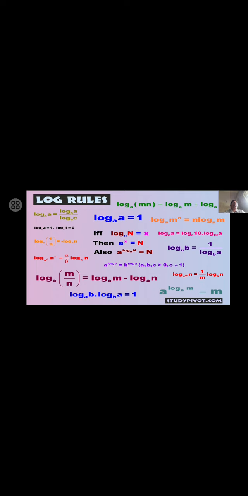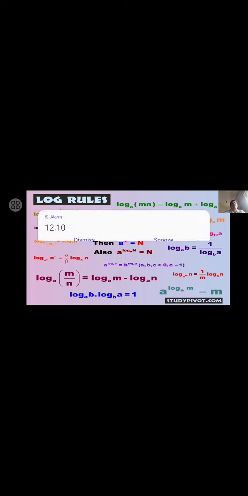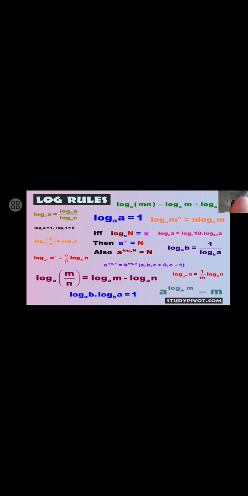We will get next log rules. Already we discussed log mn equals log m plus log n. Log a to the base c, we can write as log a to the base b over log c to the base b. See here bases are equal, so both get cancelled, again it converts as a single term.